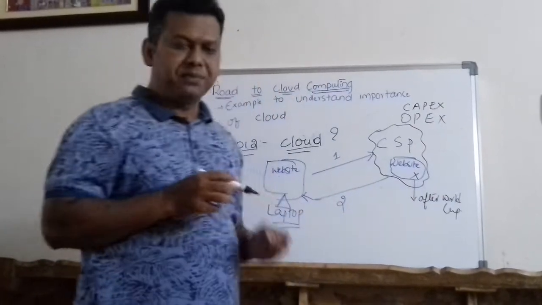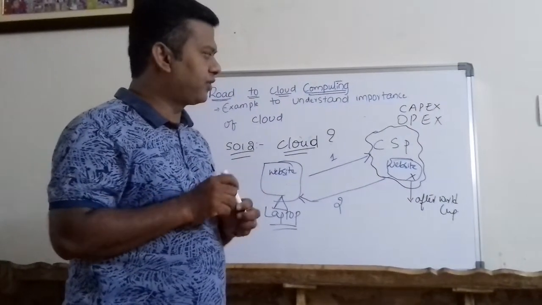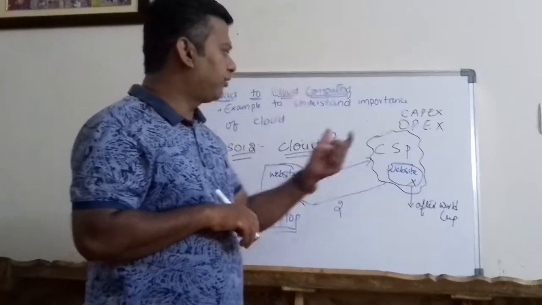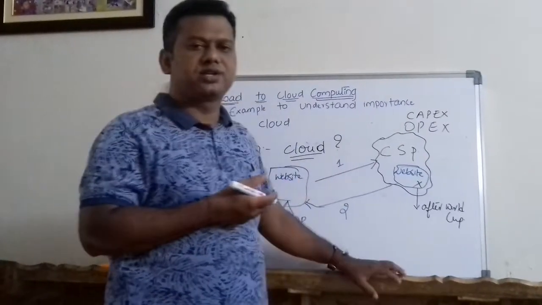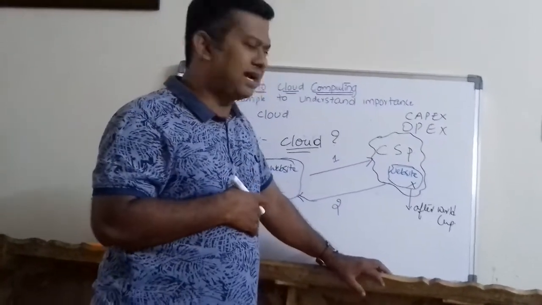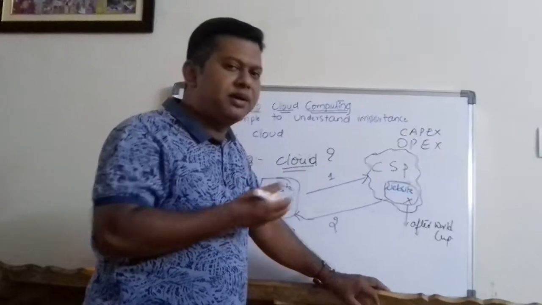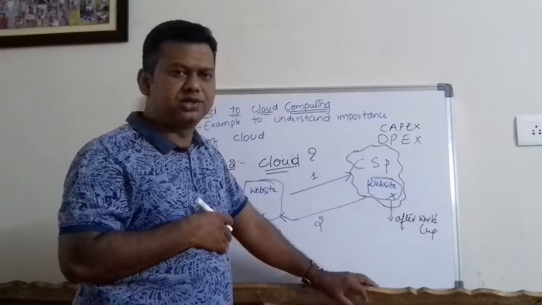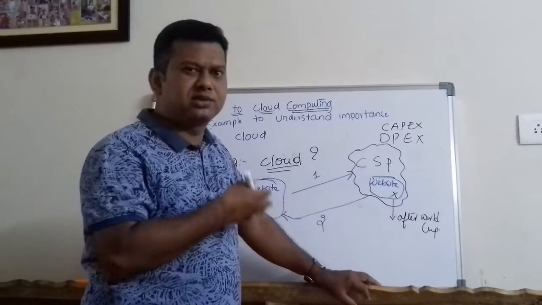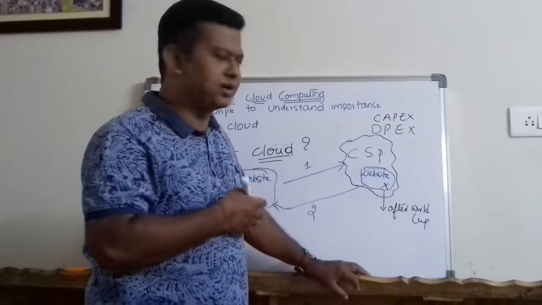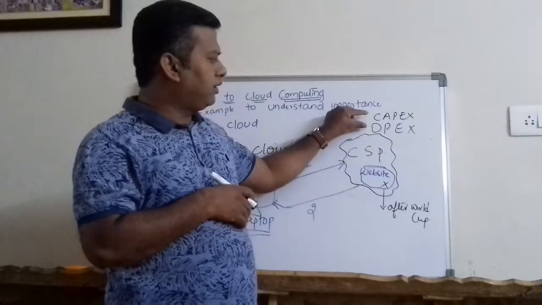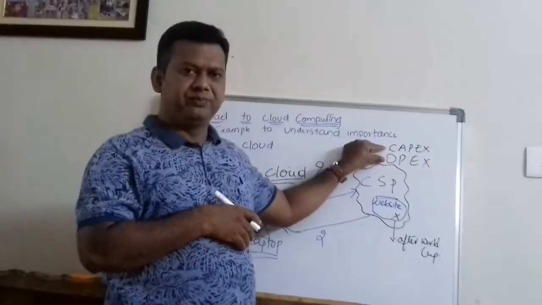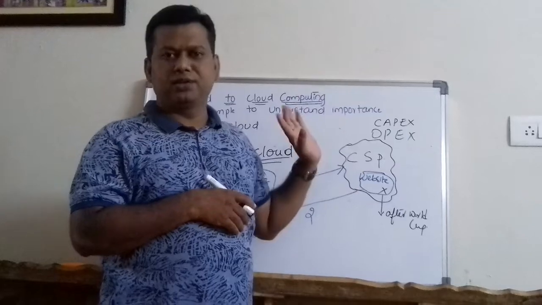CapEx stands for capital expenditure, OPEX stands for operational expenditure. If I want to buy any infrastructure, that initial investment is called capital expenditure, and whatever maintenance cost is incurred is called operational expenditure, meaning my day-to-day expenses, salaries, electricity bill, etc. So without any CapEx and OPEX, I can straight away launch my application.